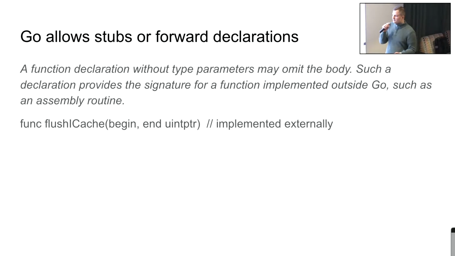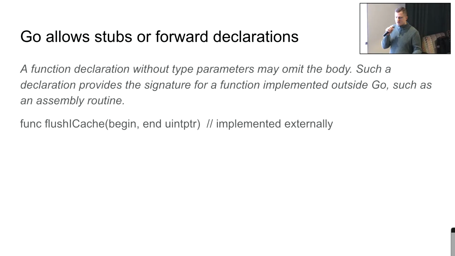The second thing is how to call assembler functions from Go. You might not have known this, but in Go, you can define functions without a body. This is a quote directly from the Go specification. Here, some flushICache function is just defined with no body, so the body must be defined somewhere else.